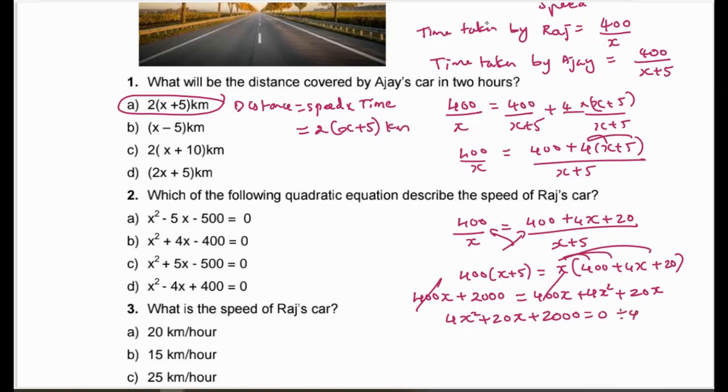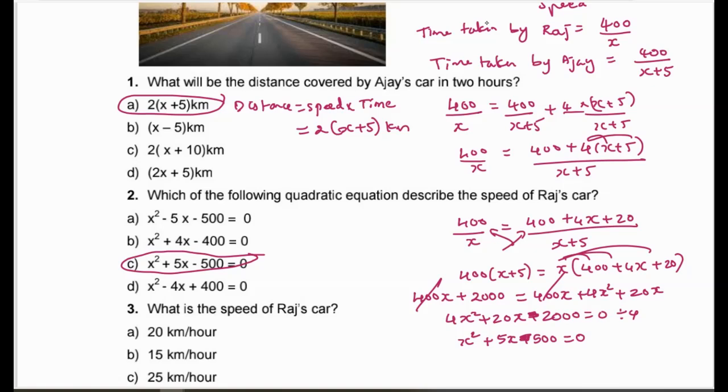Divide by 4. So we get x square plus 5x minus 500 equals 0. That is option C.